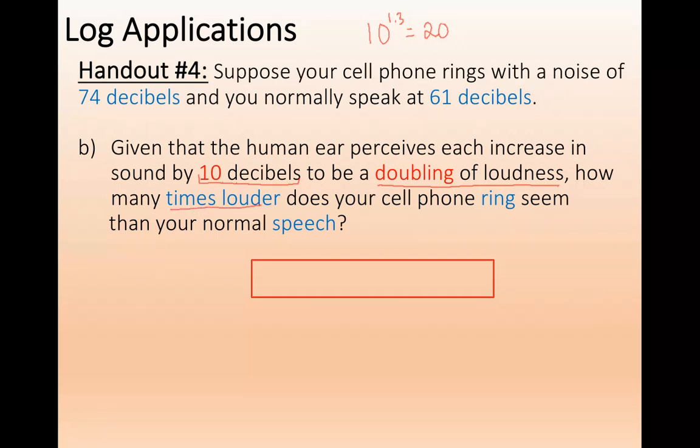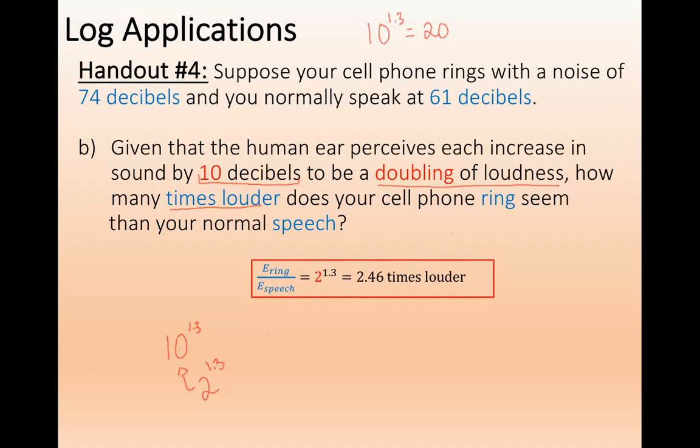It's 20 times more intense. So instead of doing 10 to the power of 1.3, each increase in 10 decibels is like doubling. So I should be doing 2 to the power of 1.3, which is about 2.46 times louder.